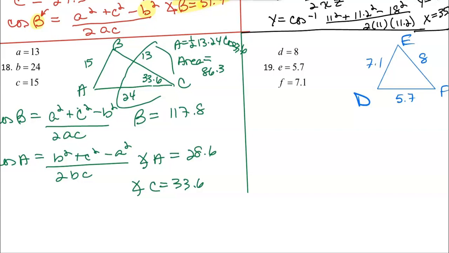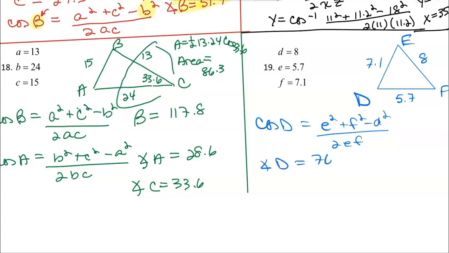I tried to solve for cosine of D, which is going to be E squared plus F squared minus D squared over 2EF. Make sure you can resolve that for yourself. When I did that, I got angle D to be equal to 76.5 degrees.